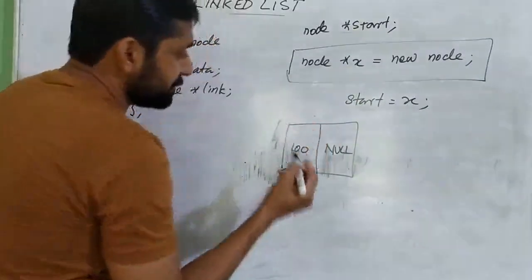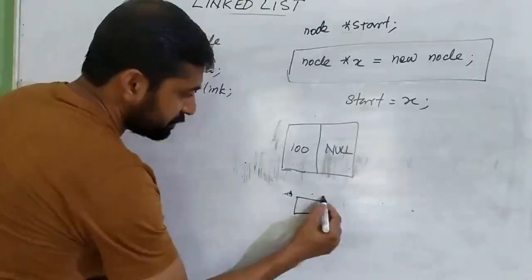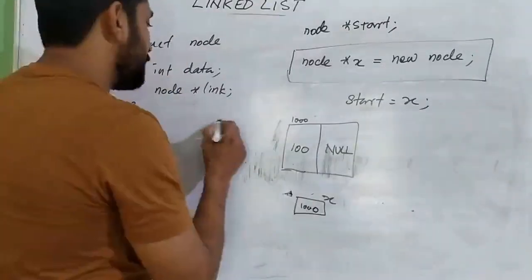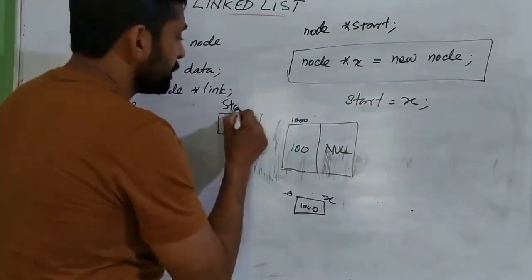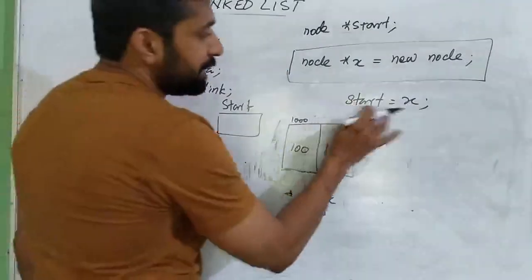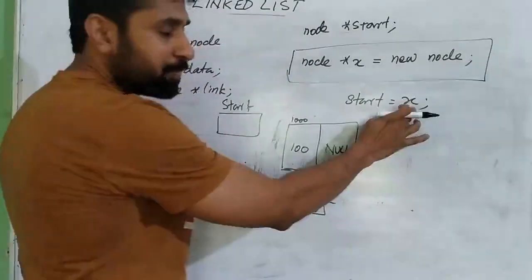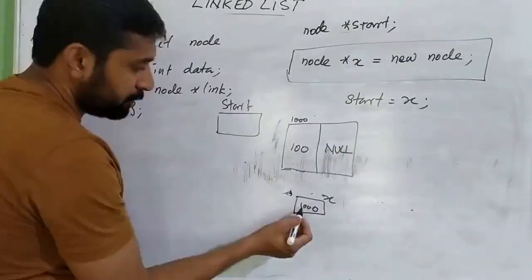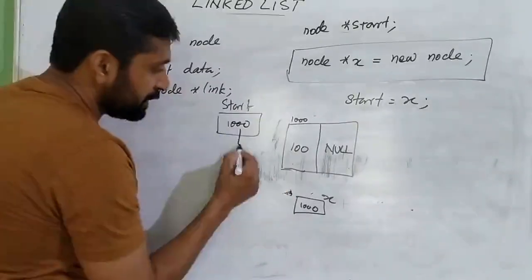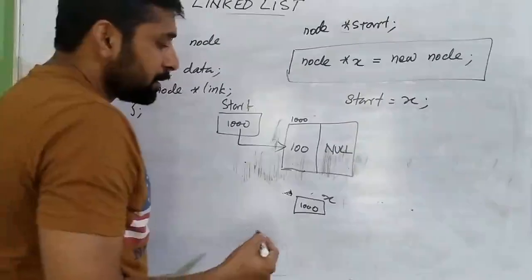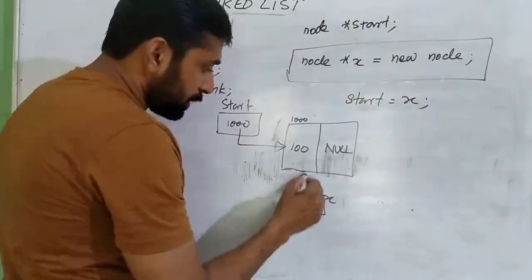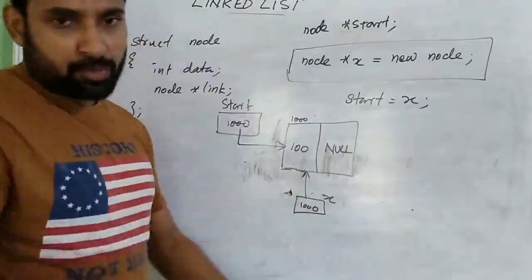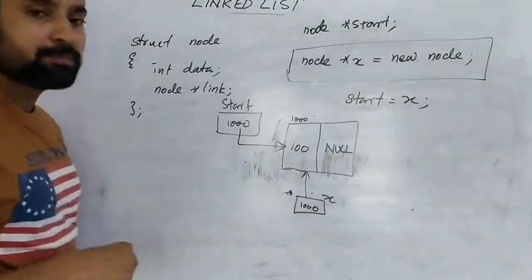Let the address of this be 1000, so x contains 1000. Now we have start here, another pointer. We made a statement, start = x. So this 1000 will be copied to start, which means start points to this node. No doubt x also points to this in the first step. Now the steps 1 to 4 will be continued.